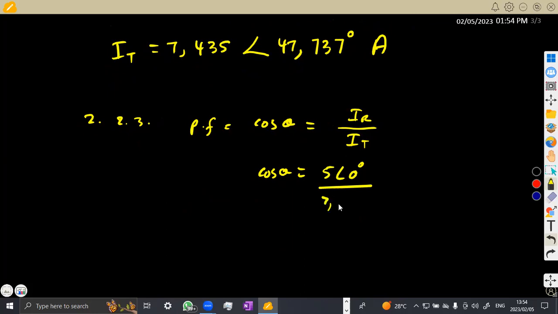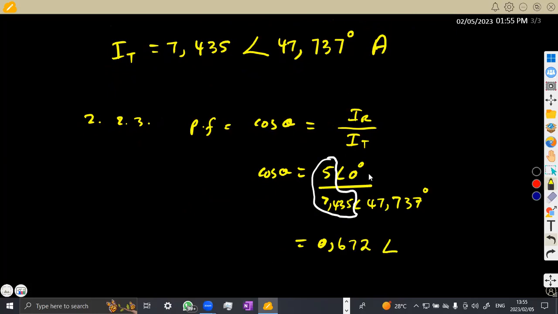So it's 7,435 angle of 47,737 degrees. You just have to divide these numbers. Remember, I told you in polar form, you divide the numbers together. 5 divided by 7 comma something is going to be 0,672.